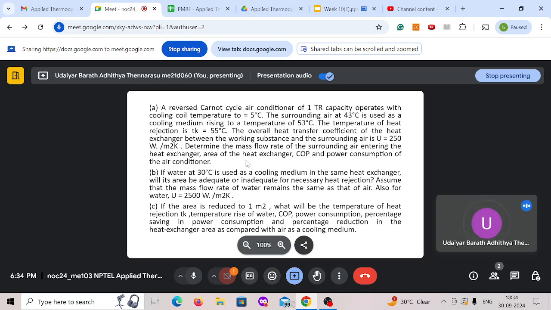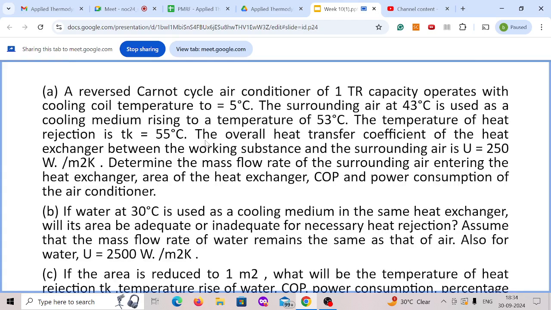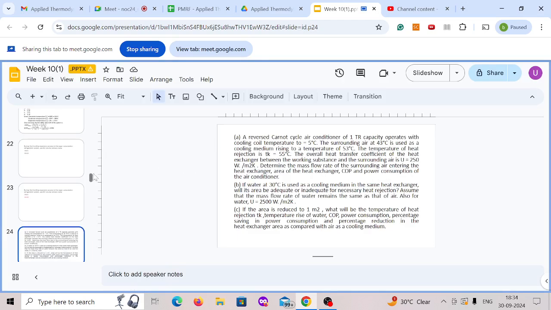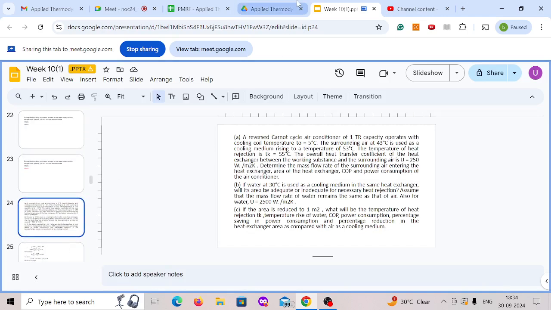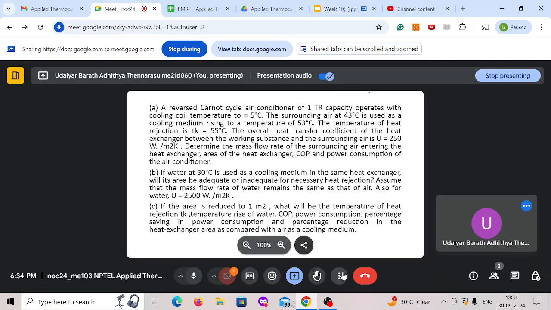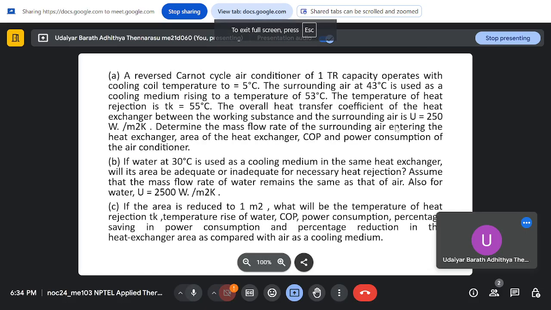The first one is a reversed Carnot cycle air conditioner of 1 ton refrigeration capacity that operates with a cooling coil temperature of 5 degrees Celsius.